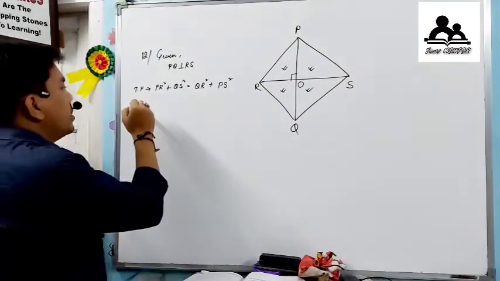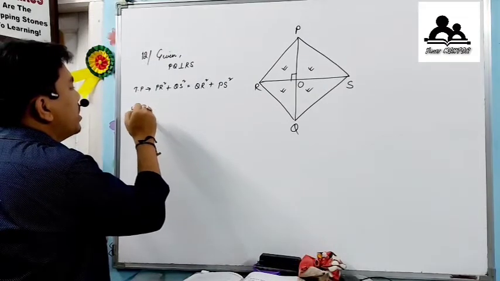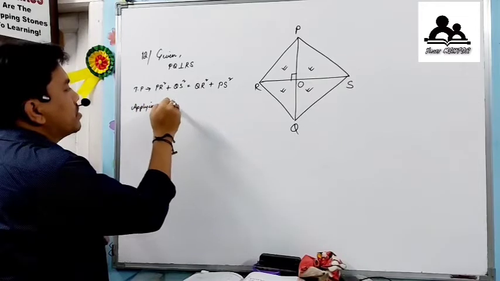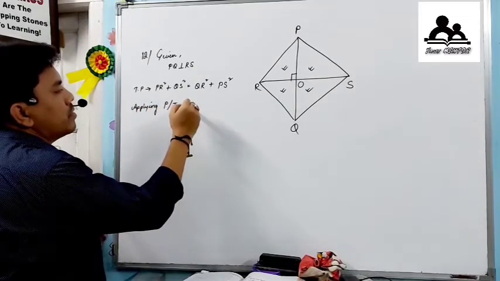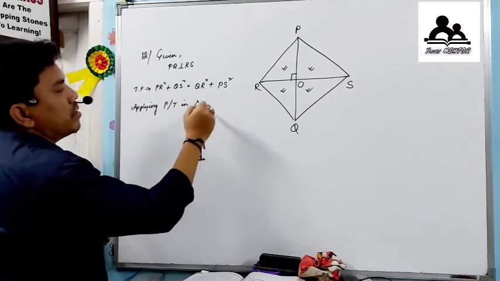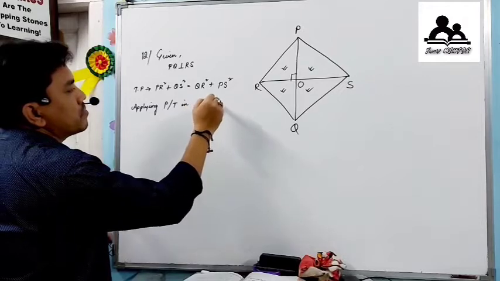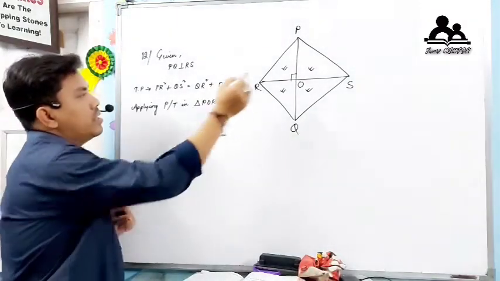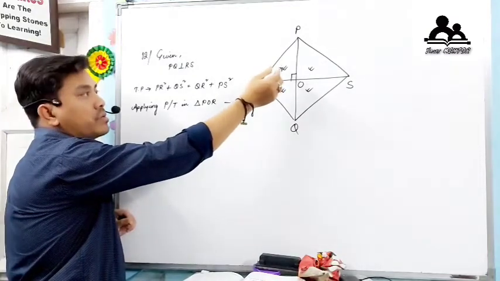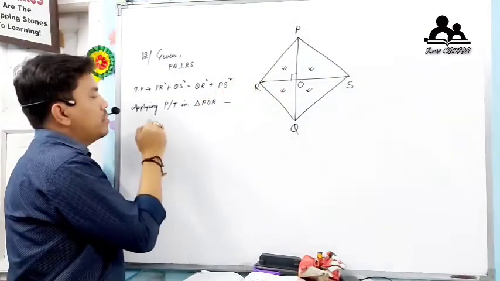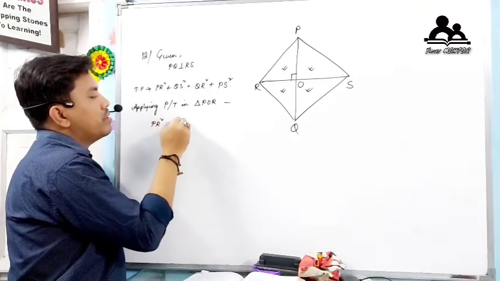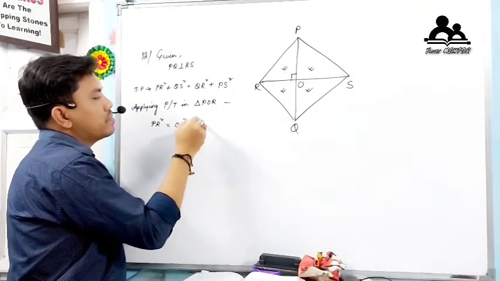Applying Pythagoras theorem in triangle POR, what is the hypotenuse here? PR is the hypotenuse. PR square will be equal to OP square plus OR square.